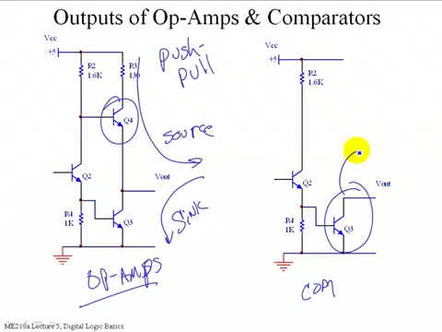And so they create a configuration that in bipolar terms is known as an open collector output. And it's called an open collector because if you look at the output pin, it's just tied to the collector of that lower transistor.